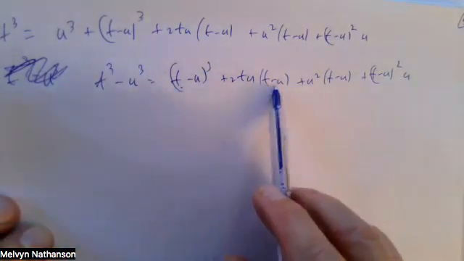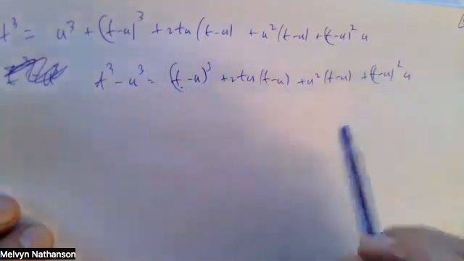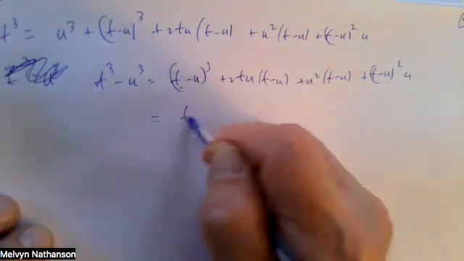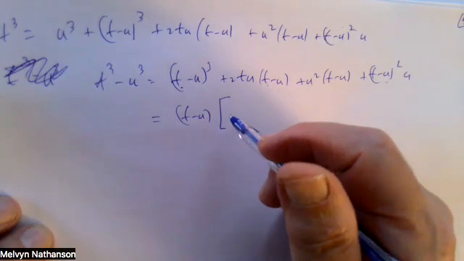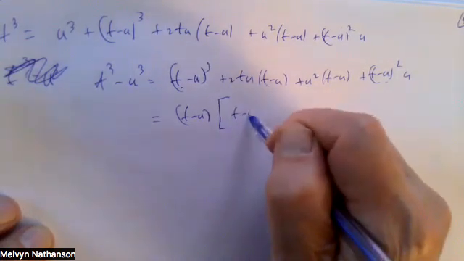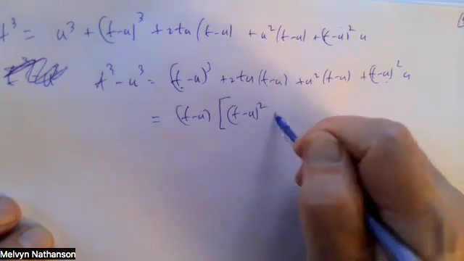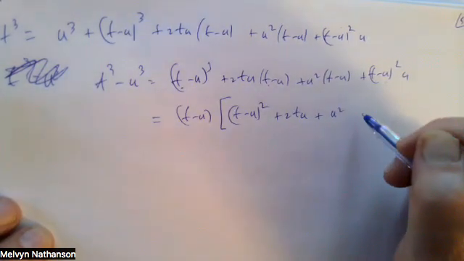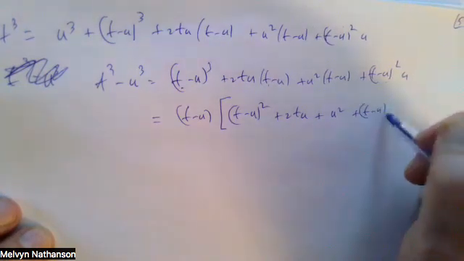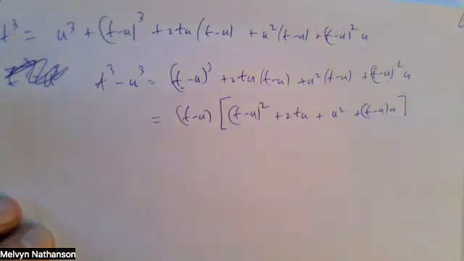And you notice there's a t minus u in each of these terms, so I can factor out t minus u, and I get t minus u squared plus 2tu plus u squared plus t minus u times u.